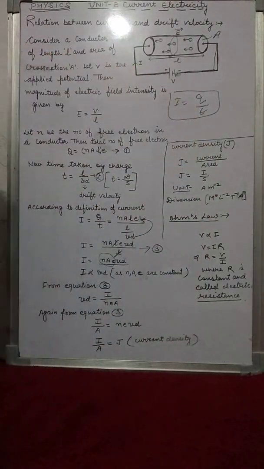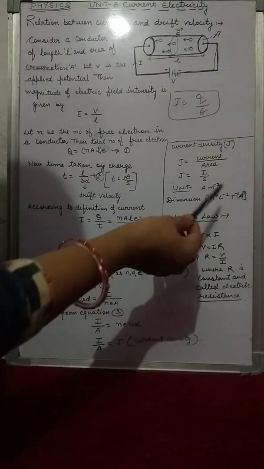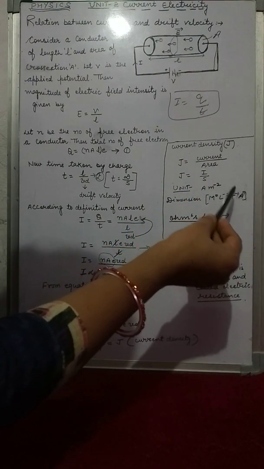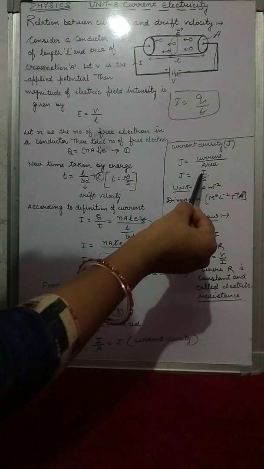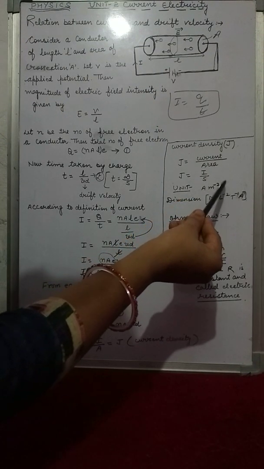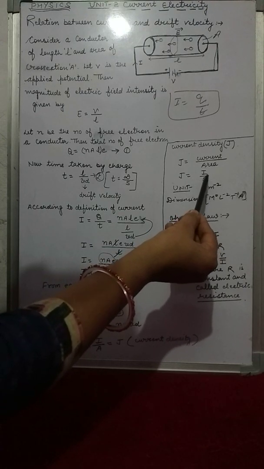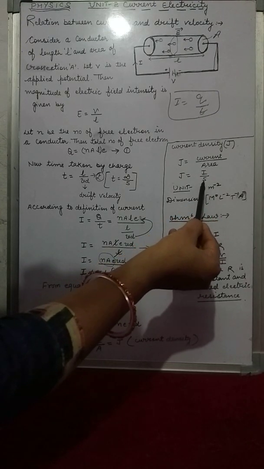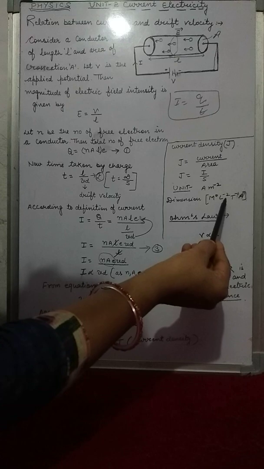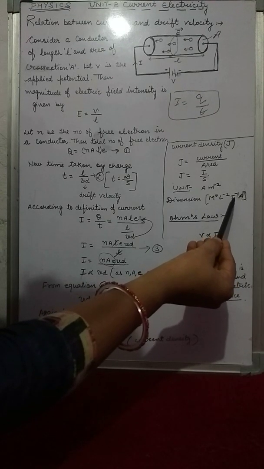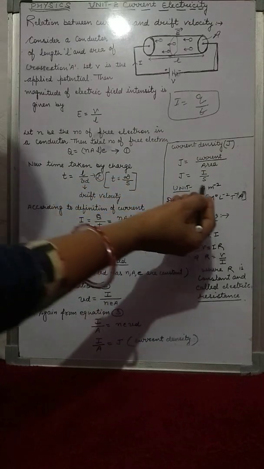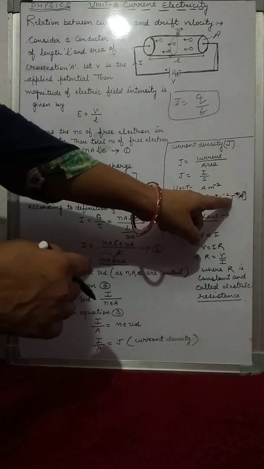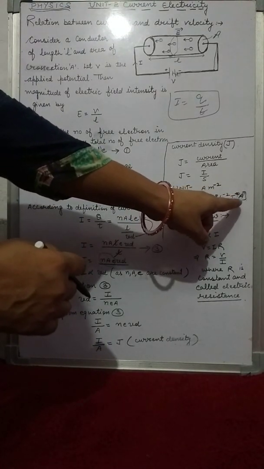The dimensions are M⁰ L⁻² T⁰ A. That is, write the dimension of current, ampere, upon the dimension of area, which is L square. So the dimensions are M⁰ L⁻² T⁰ A.